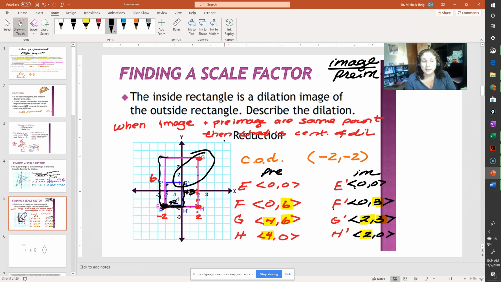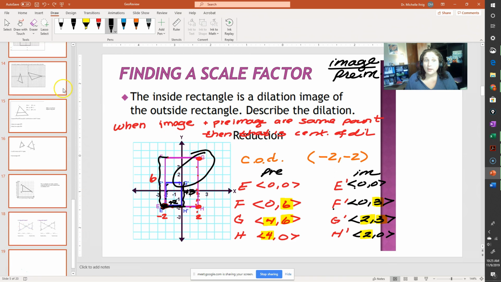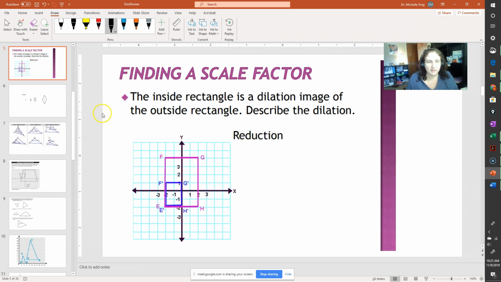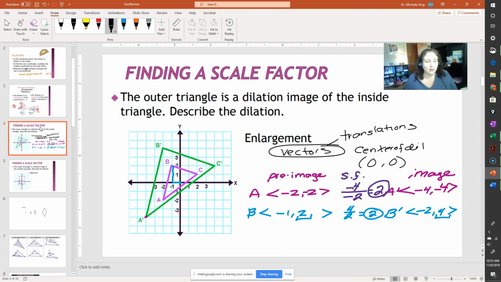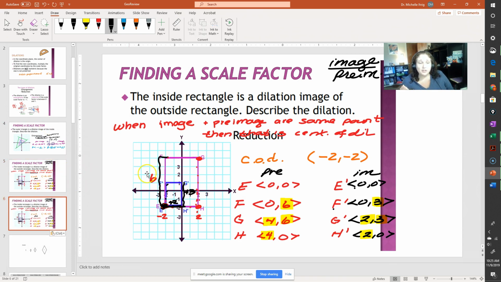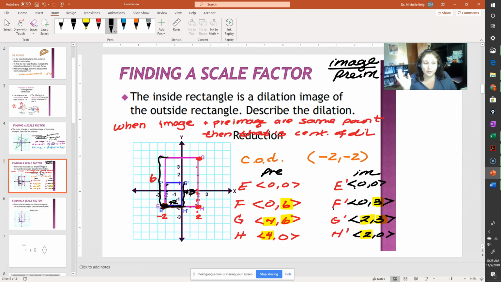I'll finish explaining this slide, and let me copy this slide, and then I'll show you what I would have done on the test, because I'm giving you way more information than you need. So let me delete that. I'll go back and show you how I would have done it on the test. But right now we're just doing, when we have the pre-image and the image, what do we need to do to find the scale factor? I'll show you the much faster way, but right now I'm just explaining it the vector way.